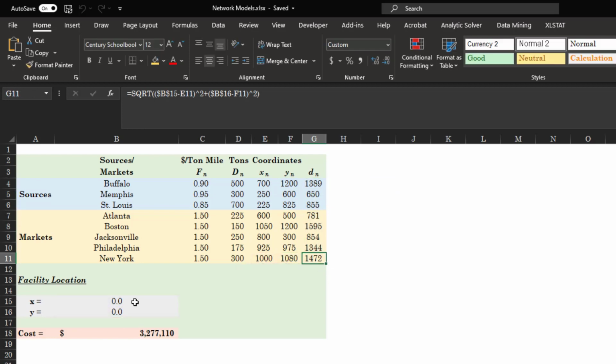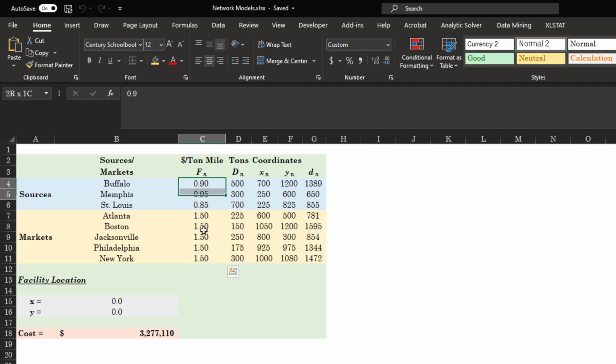So once you have that, you want to minimize this cost, right? And this cost is then this is the number of tons, and this is the miles, distance traveled. So tons multiplied by miles will give you ton miles, and this is the dollar per ton mile.